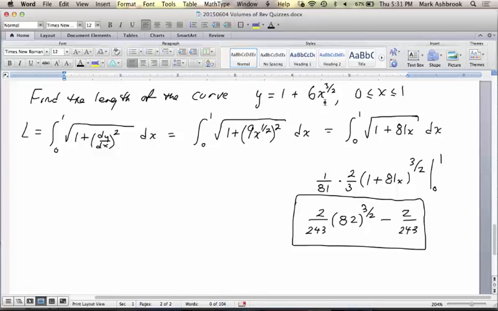This one is set up very nicely to make an easy integral, but lots of times, what's under the square root requires some technique in order to get something that we can do. So let's try something a little trickier. Any questions on this?